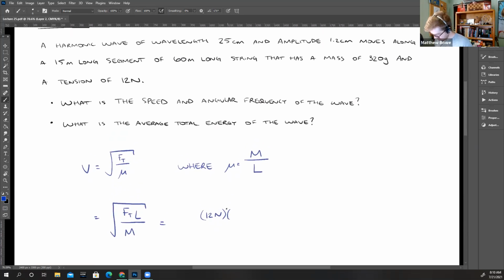We have the total length of the string, 60 meters. And we have the total mass of the string. I'm making sure to have this all in SI units, so I'm going to convert the mass to kilograms, 0.32 kilograms. All of that is under a square root, equals the velocity of the string. All right, so that shows that.